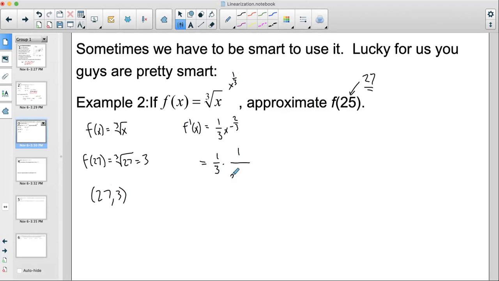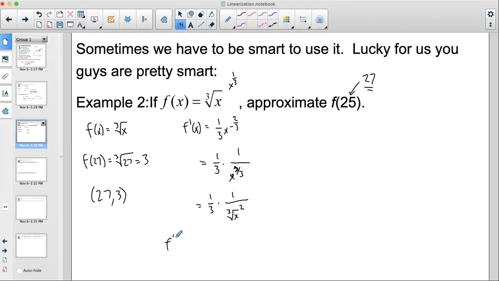So it's x to the 2/3 on the bottom. And that's really 1/3 times 1 over, and remember, the 3 is the index of the radical and the 2 is the power, so it's the cube root of x squared. And now I can plug a number in here and actually evaluate it.